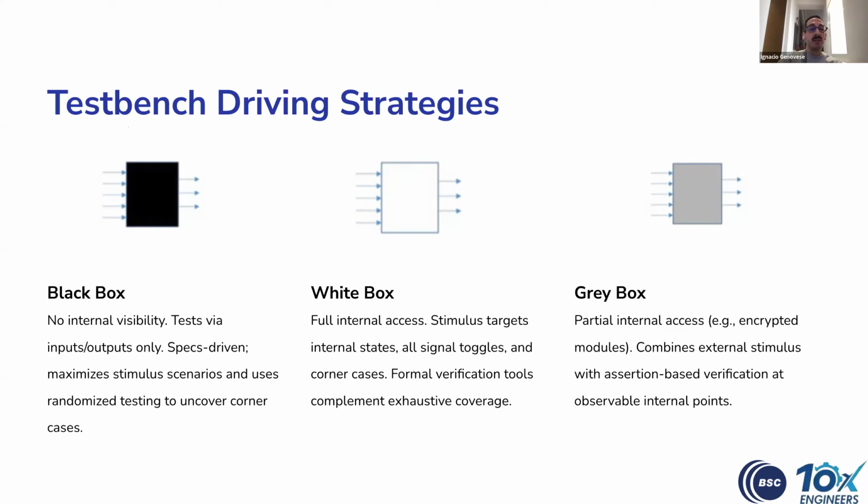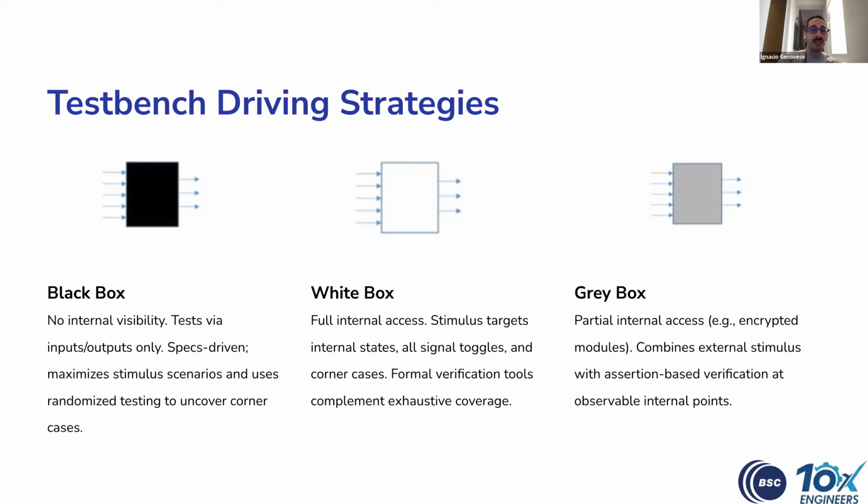In a white box strategy, we have the opposite case. We have full internal access to the design. We can target our stimulus to hit internal states, specific signals, corner cases, and this is often combined with formal verification for exhaustive coverage.